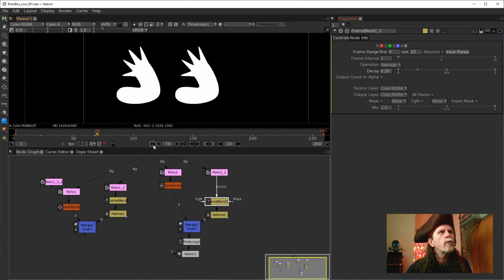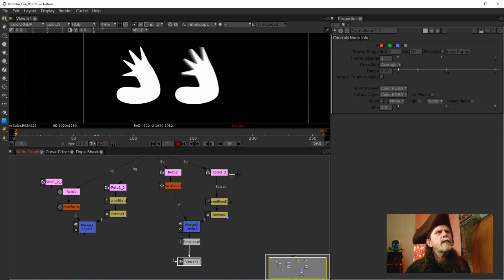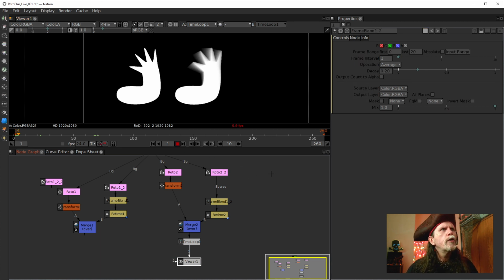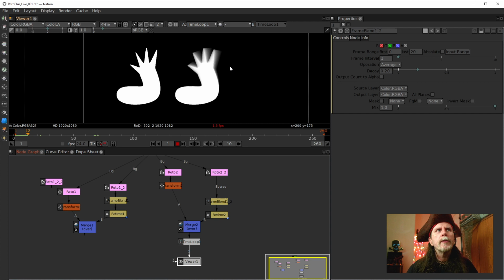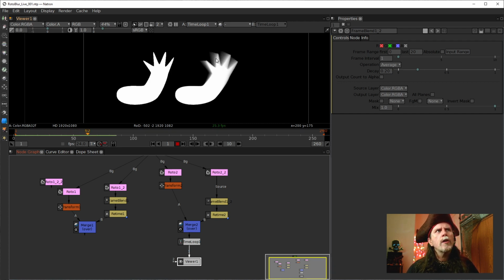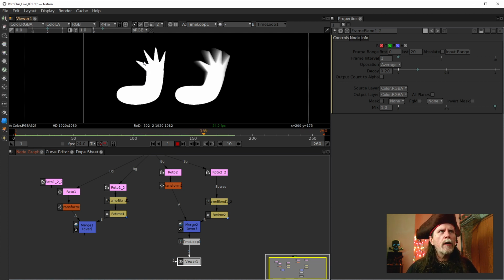This is set to loop. Wait a minute, why wasn't that looping? That's weird. All right, well, anyway, this was set to loop, and the reason I thought this type of blur might be useful for people is because the blur for the hand reads better than without motion blur.